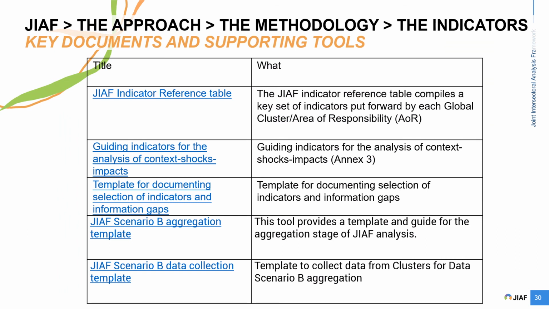Now, as promised, here are the key documents and supporting tools that you need to be aware of to implement the JIAF. So, 5 important resources. First, the JIAF indicator reference table, which I've mentioned quite a few times. It compiles the key set of indicators put forward by each global cluster for the JIAF.